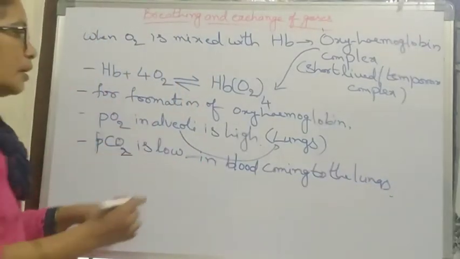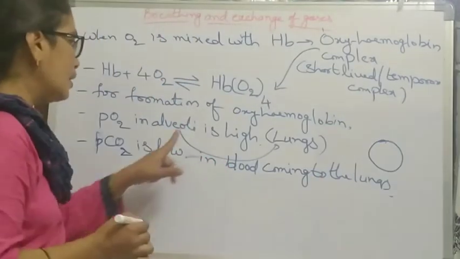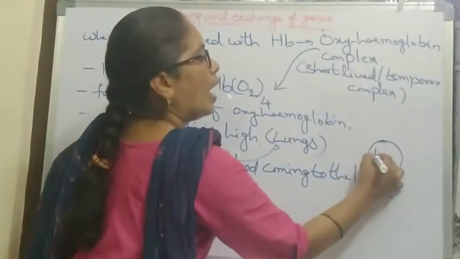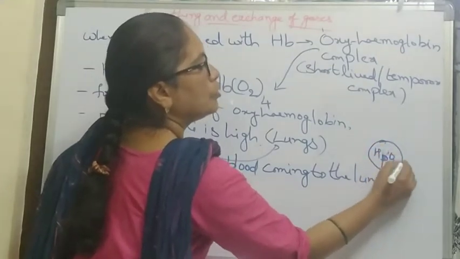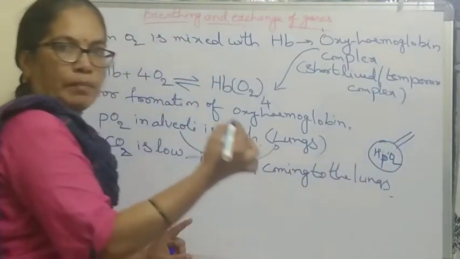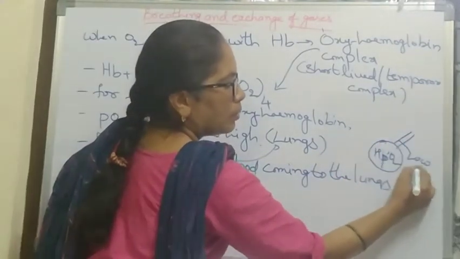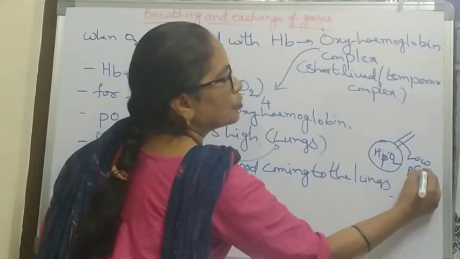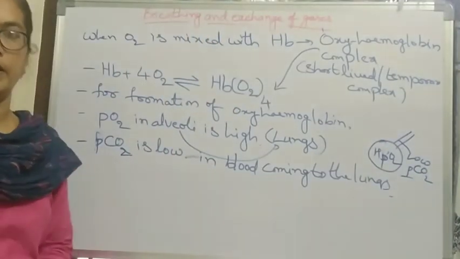Means here in the alveoli, in that alveoli that contain the high PO2, but the blood coming to the lungs that contain the low PCO2. Means here partial pressure of oxygen and carbon dioxide is different.